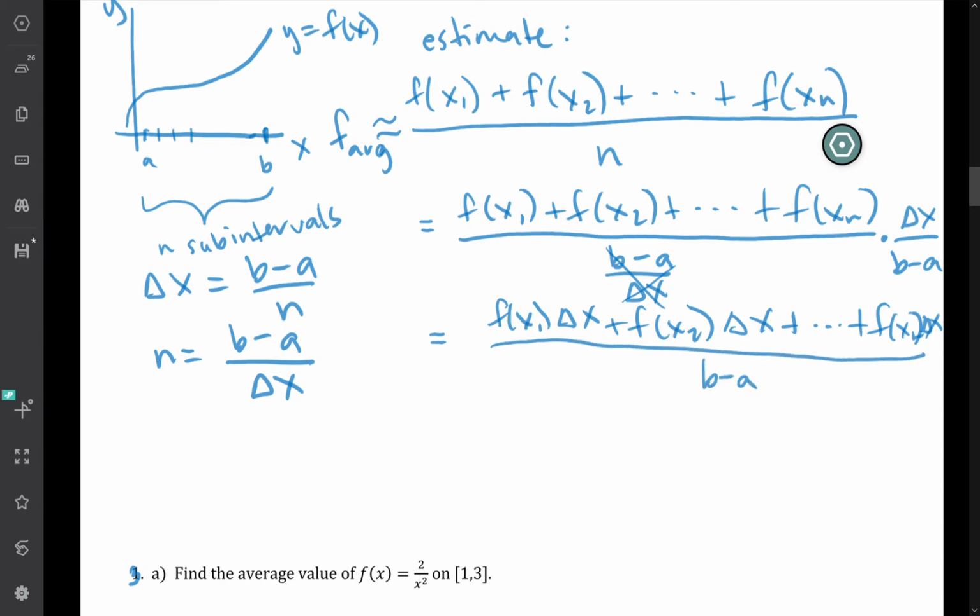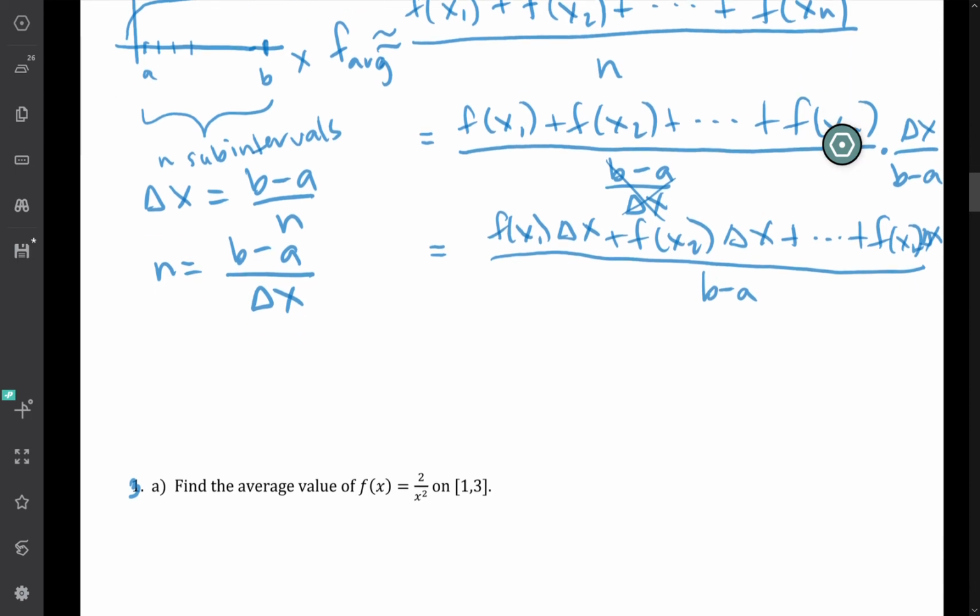Okay, getting close. So now I'm going to switch to my sigma notation. I'm going to say here, f average is approximately equal to the sum of the f of xi's multiplied by delta x's, starting at i equals 1, stopping at i equals n, and then we want to divide that by the length of the interval, b minus a.